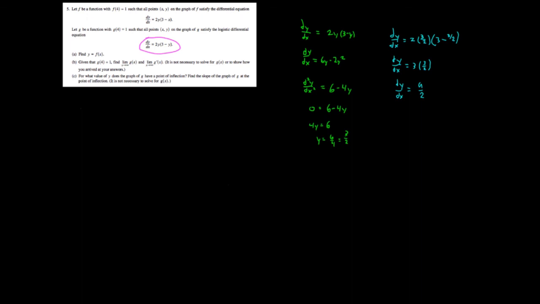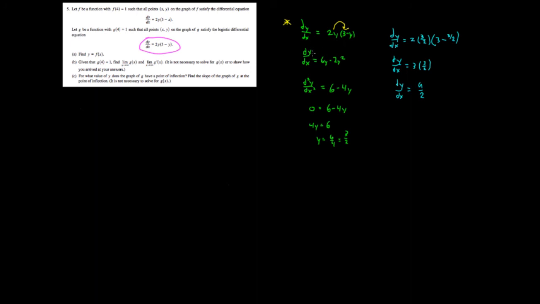So this is what we do. We already did it right over here, and we're going to walk through it together. So here we have dy over dx equals 2y times 3 minus y. The first thing we want to do is distribute this 2y into here. And what you get once you do that is dy over dx equals 6y minus 2y squared.